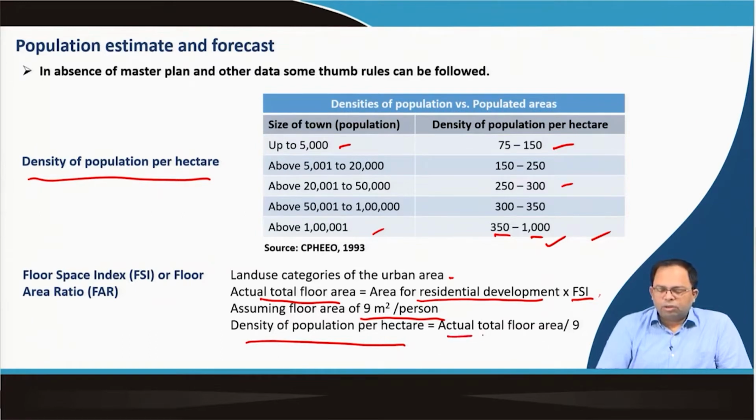That means the total floor area divided by 9 will give us the total number of people living in that area. Obviously, we can also determine the density of population per hectare from this calculation, and then use the density figures for other parts of the city as well.